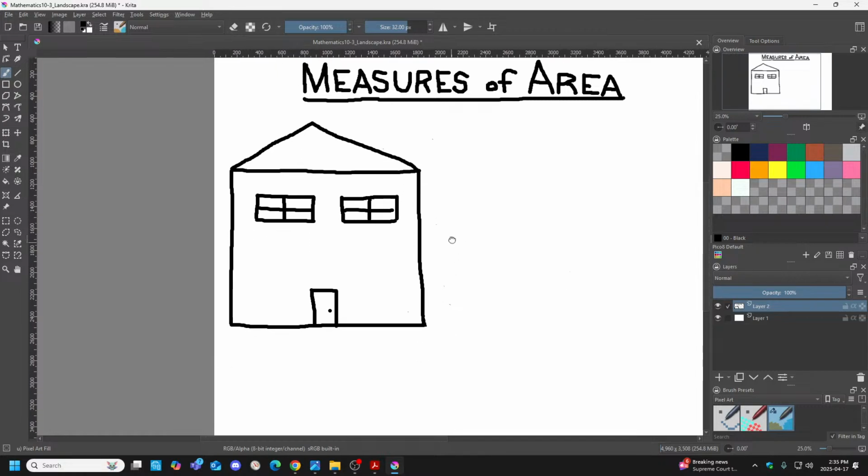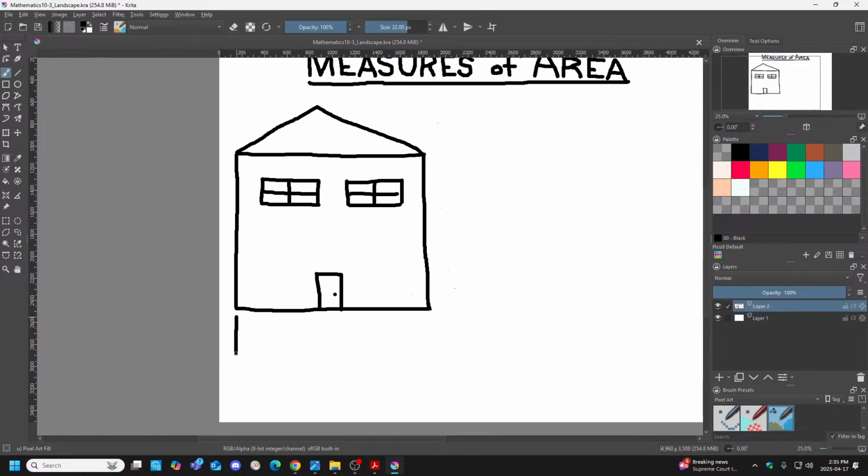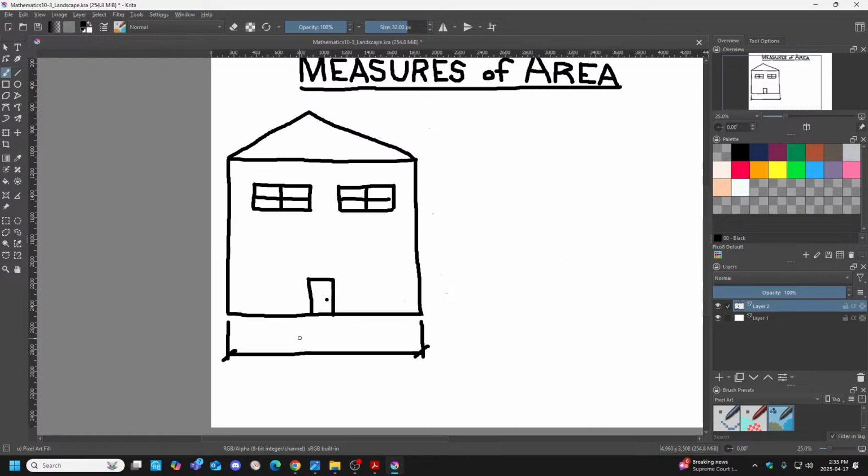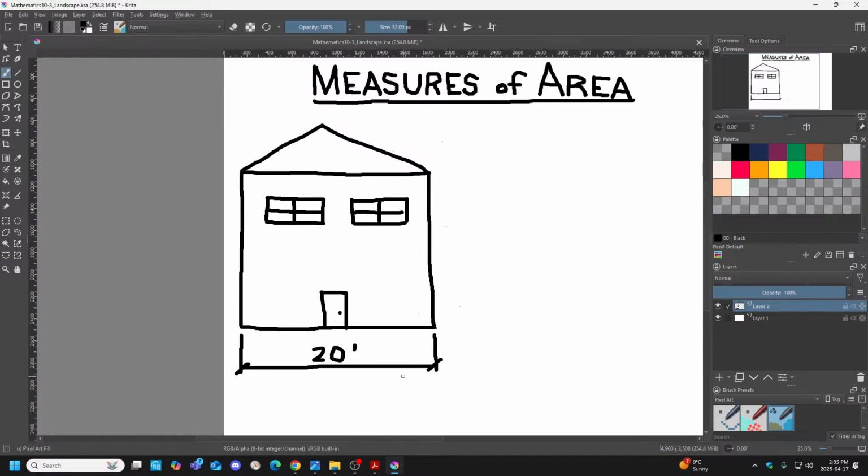All right, so let's put some dimensions down. Now, I don't have this scanned, so I do apologize. I don't know why I'm apologizing, but there you go. Okay.